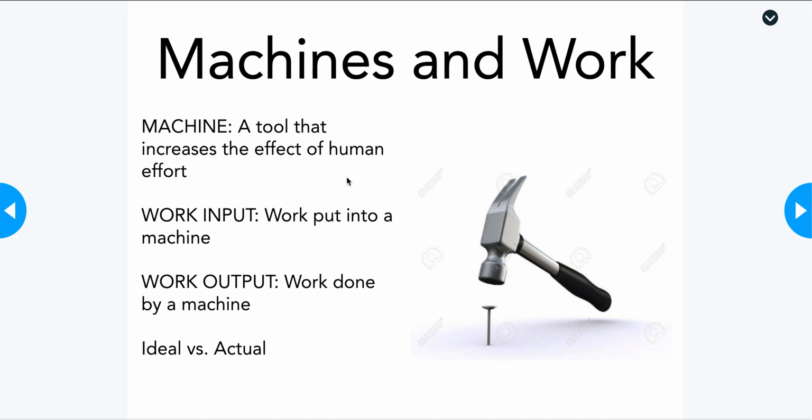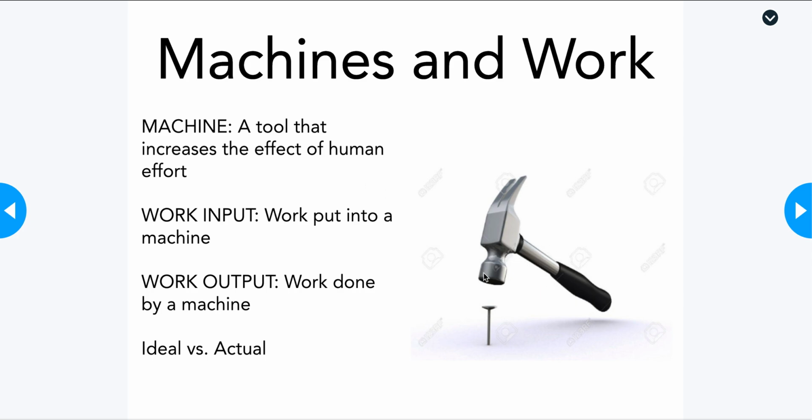And if you think of human effort as work, that's basically going to be that it changes the work that is done. So, when you have a machine of any kind, you have two types of work. You have work input, which is the work that you put into a machine. And then you have work output, which is the work done by a machine.